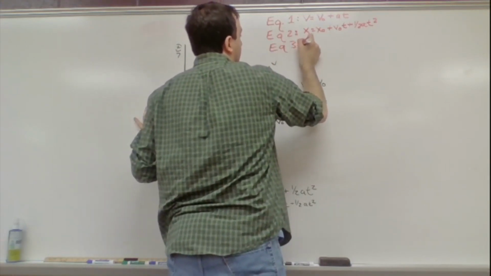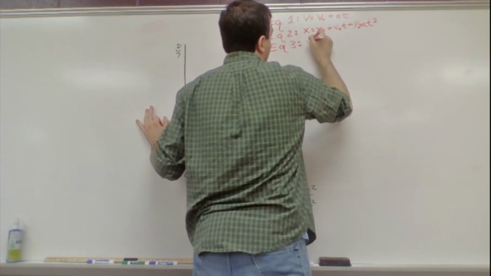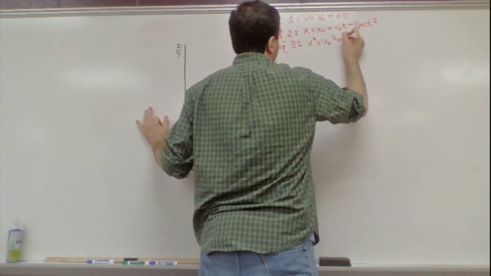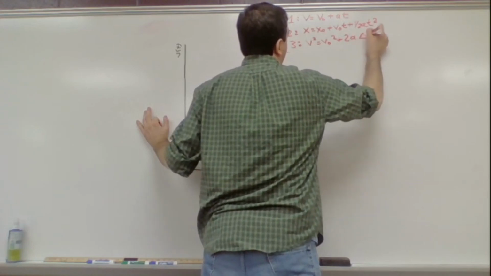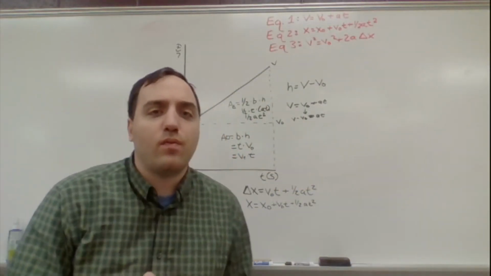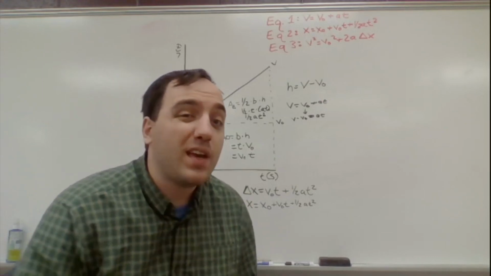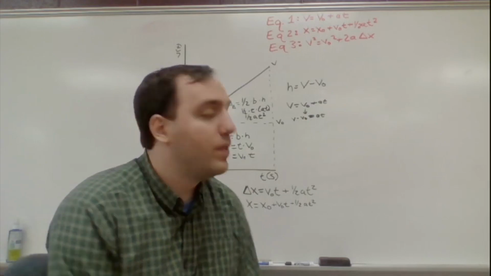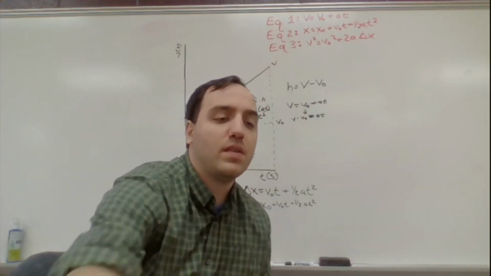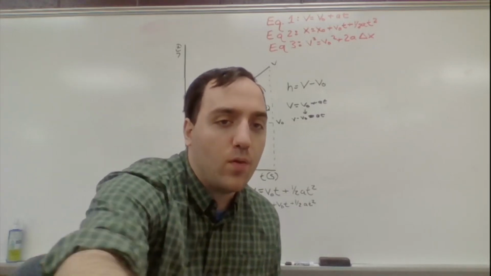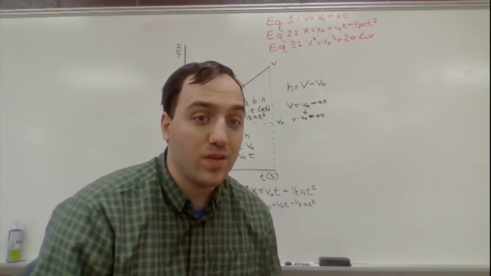So if you combine these two, equation 1 plus equation 2, you can get an equation where you don't need t to solve. These are the three kinematic equations they give you on the AP exam. I use and will give one more, but that's the derivation of these three equations.